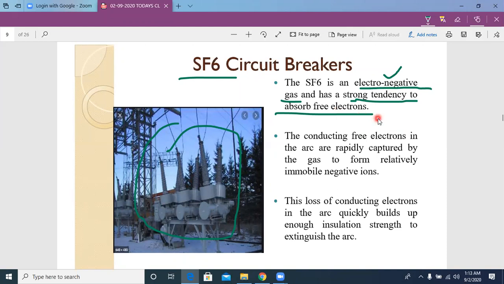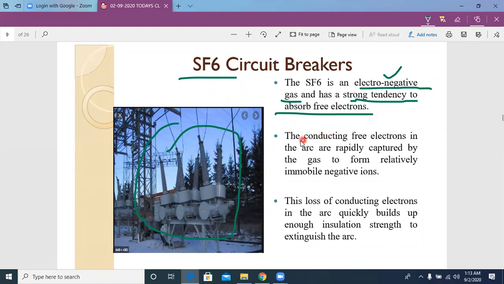One more important thing is that it is non-flammable, and it is a heavy gas. These are the characters of SF6. So once again, I repeat: SF6 is an electronegative gas with good dielectric strength, it is inert in nature, non-toxic, non-flammable, and a heavy gas.